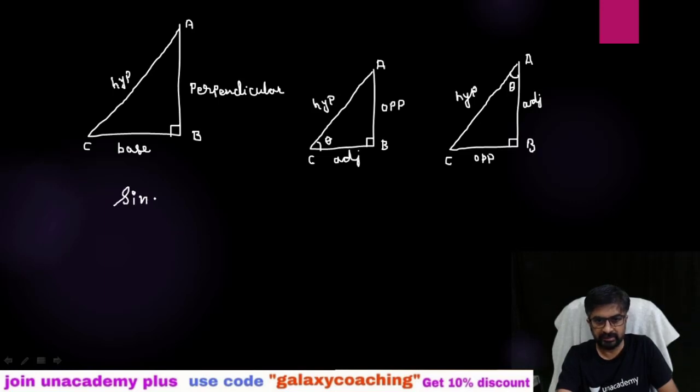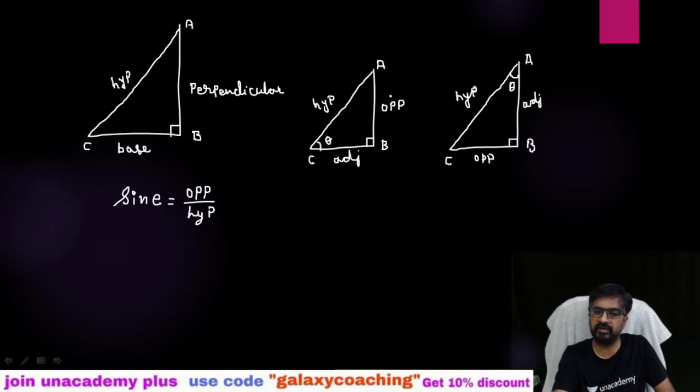SINE is the full form, that is opposite upon hypotenuse. If you find the ratio by dividing opposite by hypotenuse, then that ratio was given a name by our ancestors, and that name was sine, but we are using the shortcut sin.